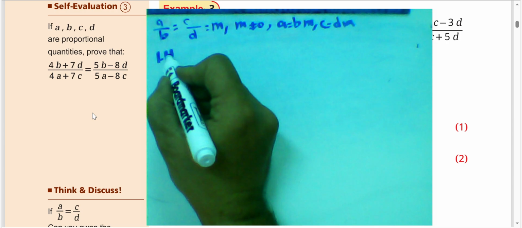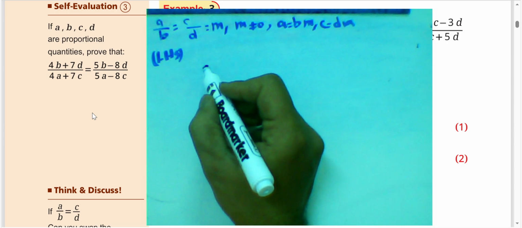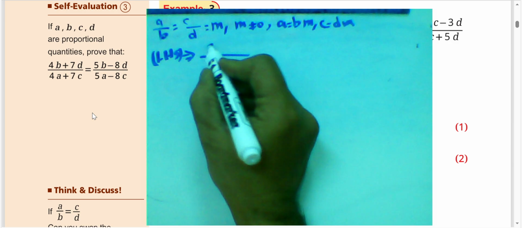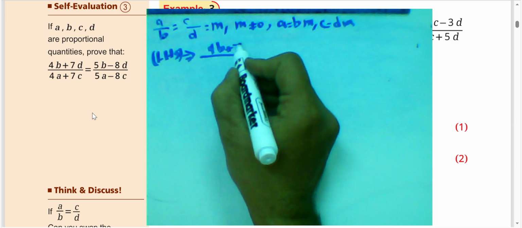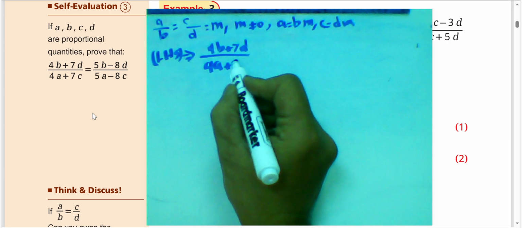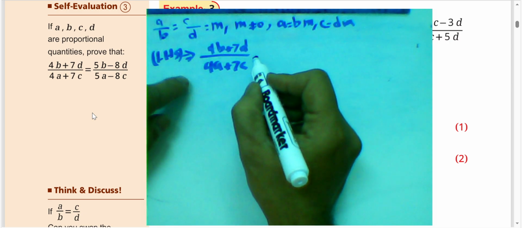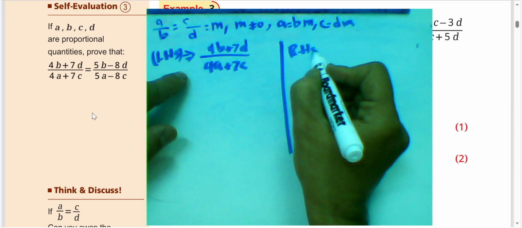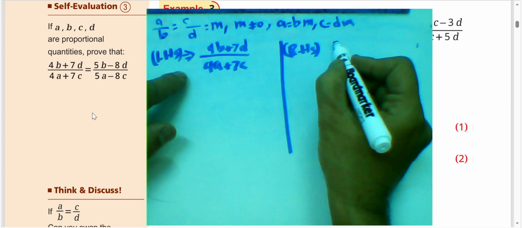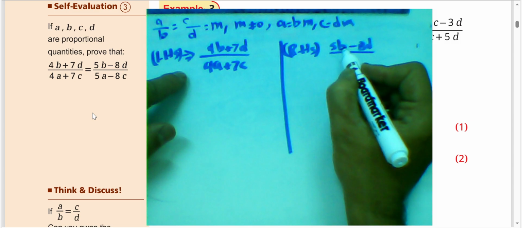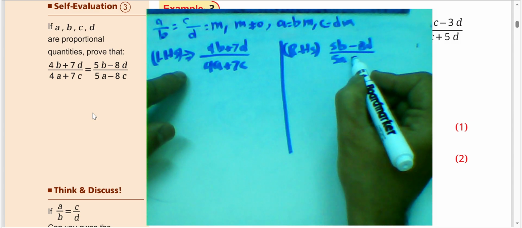Then start from the left hand side. We have (4b + 7d) over (4a + 7c). And the right hand side equals (5b - 8d) over (5a - 8c).